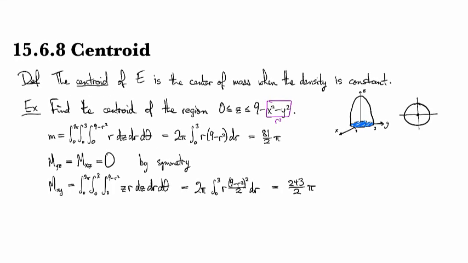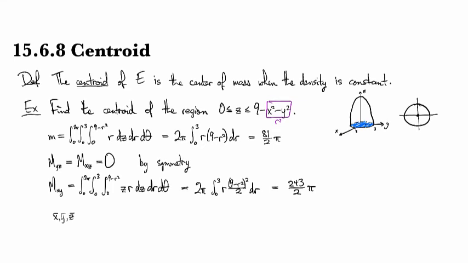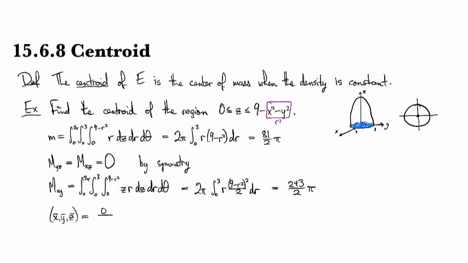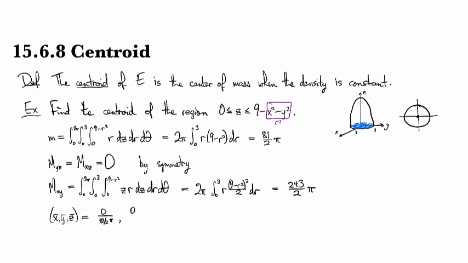And so now our centroid, x bar, y bar, z bar, is going to be 0 over 81 over 2 pi, and 0 over, again, 81 over 2 pi.